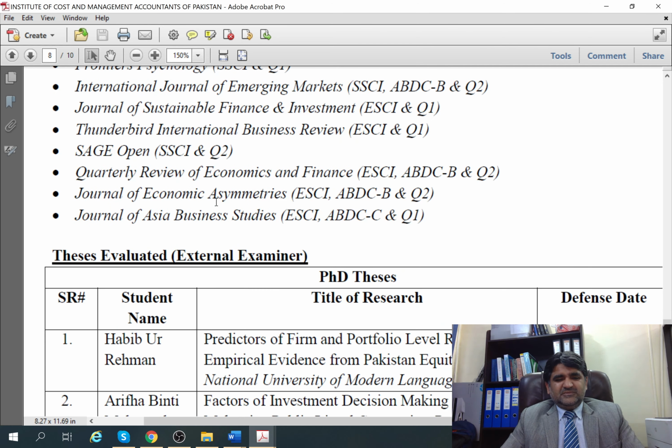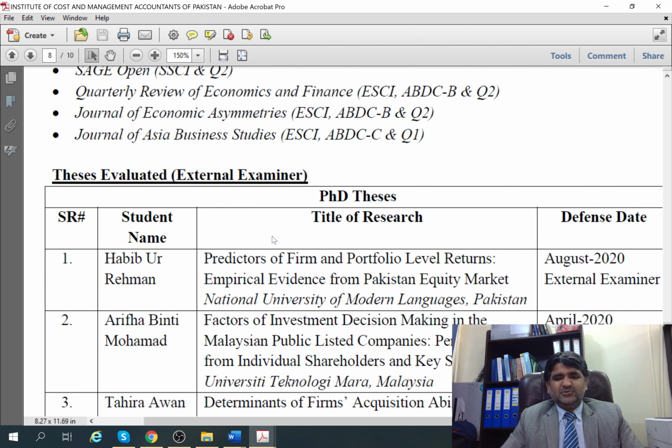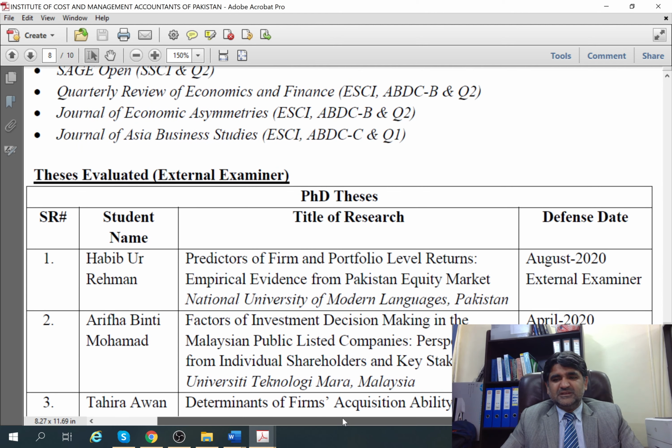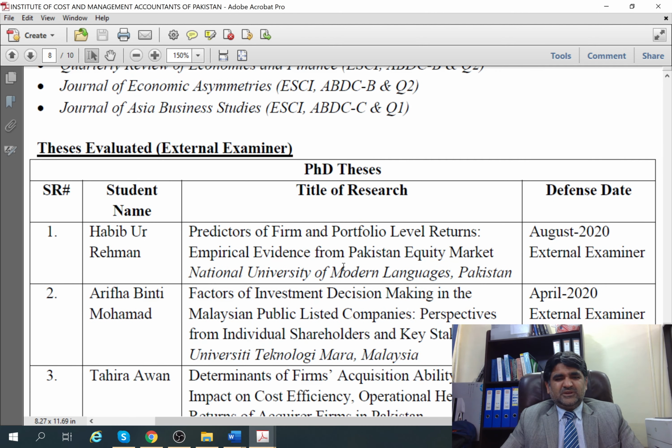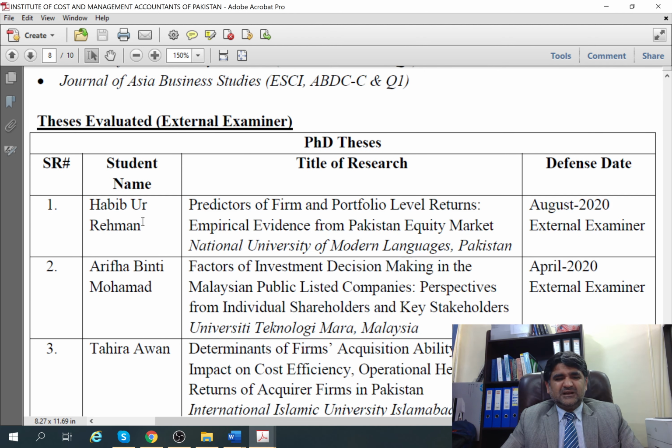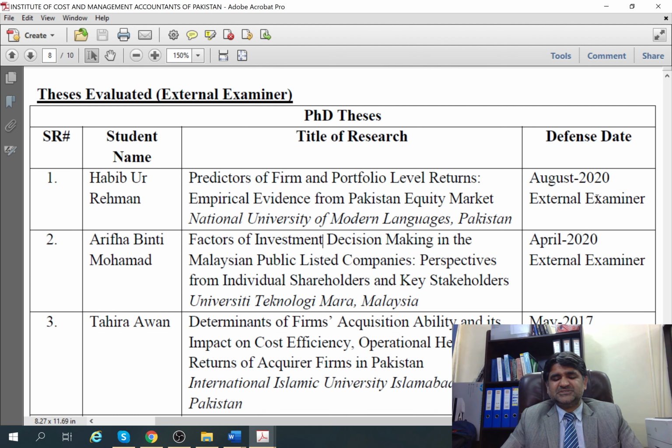Then the next one is if you are engaged in thesis evaluation, you can place the name of the scholar, their title, which university you evaluated the thesis for, and in which years. These are all related to services: we are evaluating a research paper, we are evaluating a thesis.